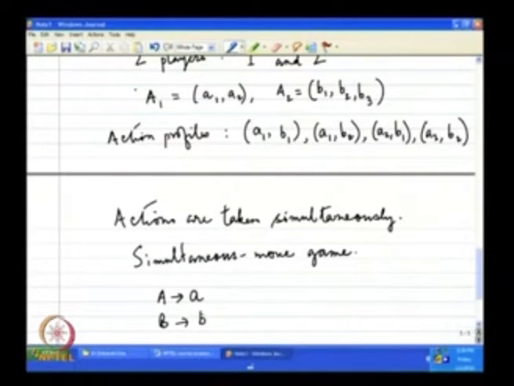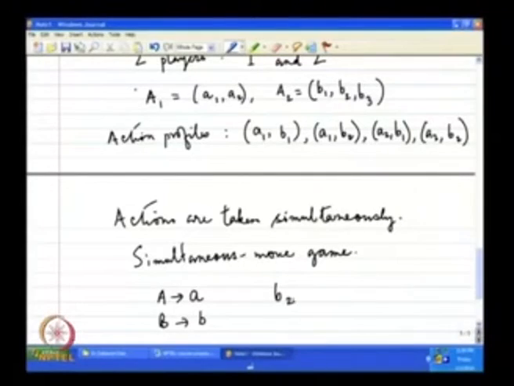But when A has taken an action, B cannot change his action, which means that at the beginning of the game itself, B announces that he is going to take, suppose, B2. He is announcing it in the beginning of the game once and for all.